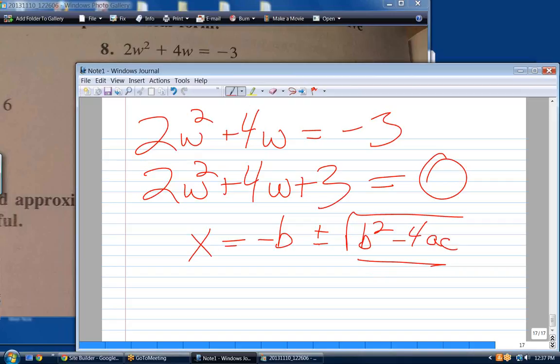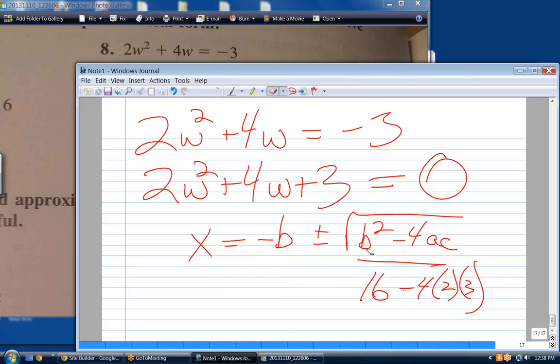And it's very useful to test that to see whether or not it will factor. Notice that b squared here is going to be 16 minus 4 times 2 times 3. That's a negative number. That means we're going to have complex solutions. We're not going to have real solutions, which means for sure that it doesn't factor.